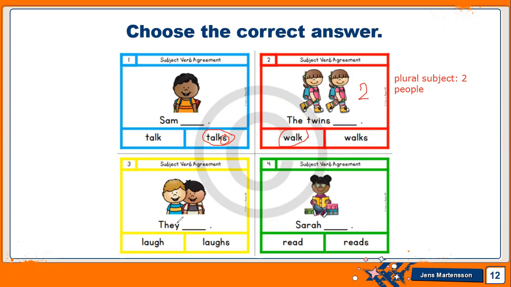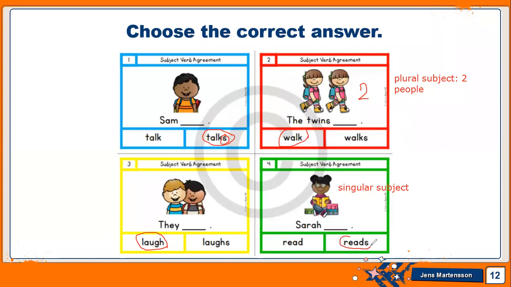Okay, then we have they. They is a pronoun that refers to plural subject. Also, we have two guys here or two boys. So they laugh. I can't say they laughs, they laugh. And Sarah, as you can see here, one person, singular subject. So what does it take? Reads or read? And the answer is excellent.